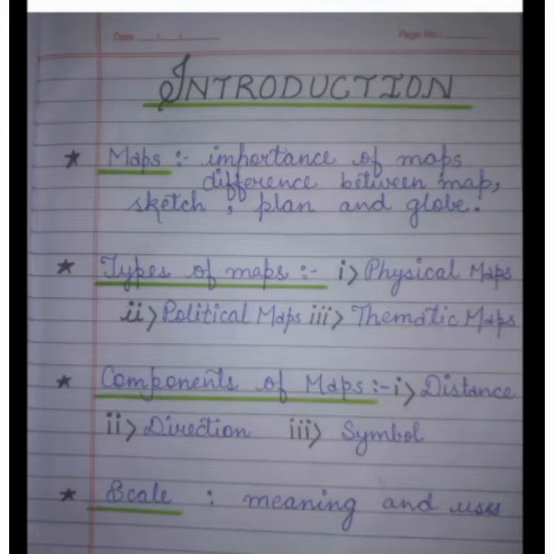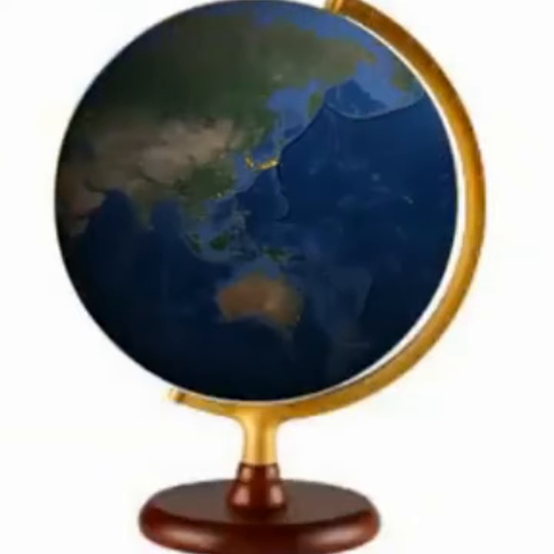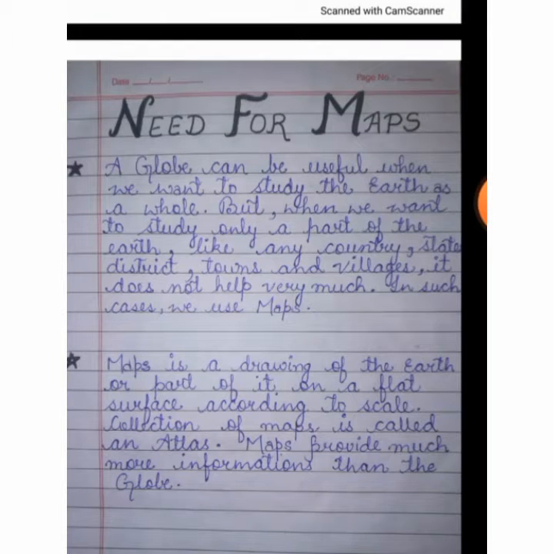Now before we start the chapter, let us talk about our previous chapter, that is globe. As I have told you, a globe is a three-dimensional model of the earth. It is a replica of our earth. It can accurately depict the scale of the continents and oceans. A globe can be useful when we want to study the earth as a whole.